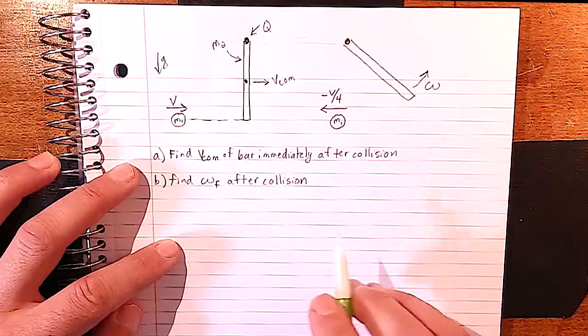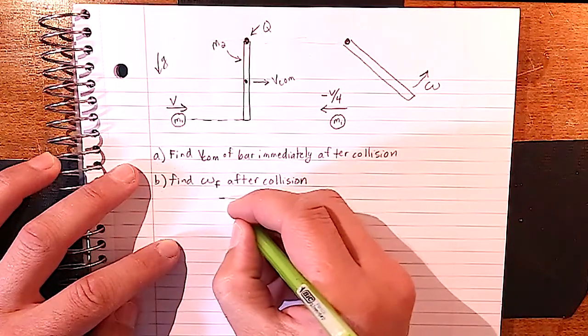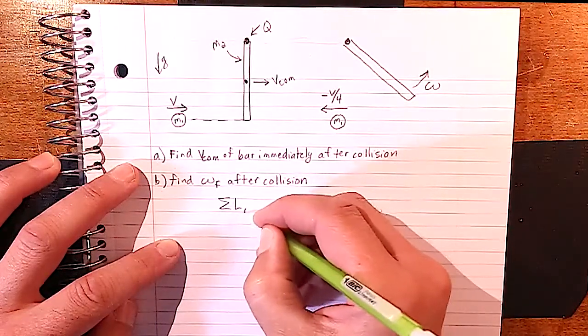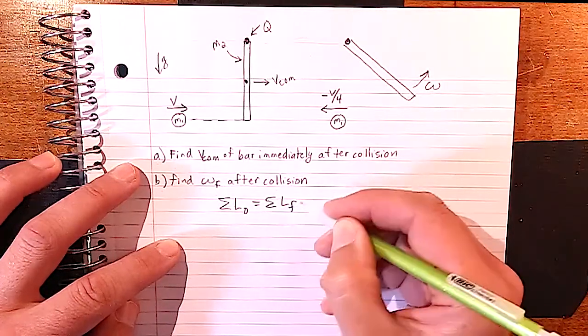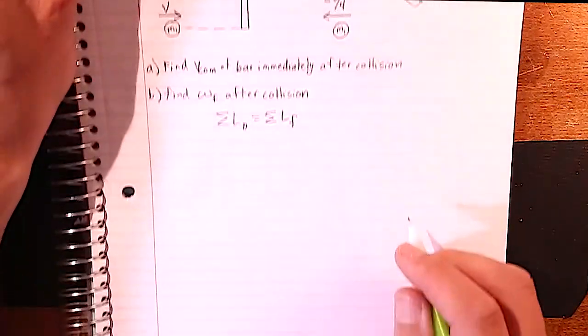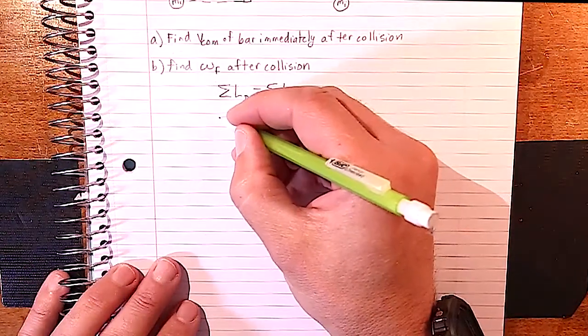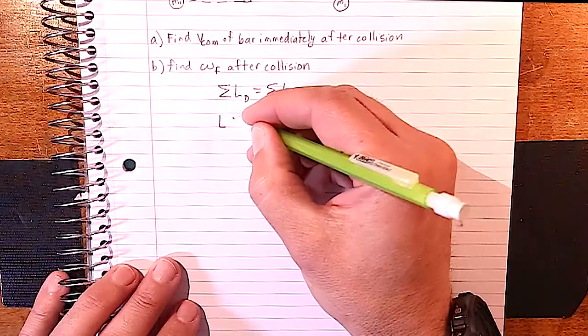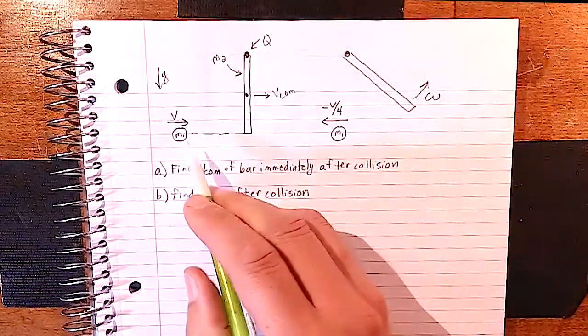We can do this because there's no net torque on the system. So that's going to be the sum of the angular momentum initial equals the sum of the angular momentum final. And we're going to have L times m1v1, because where is this hitting it?